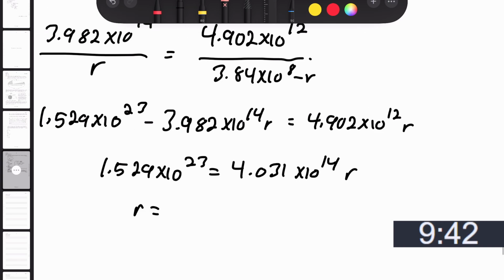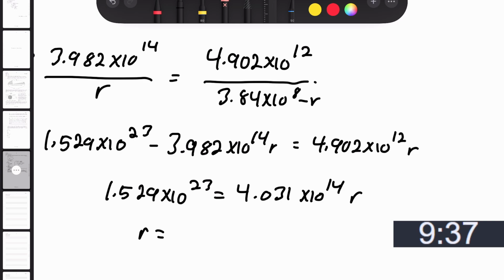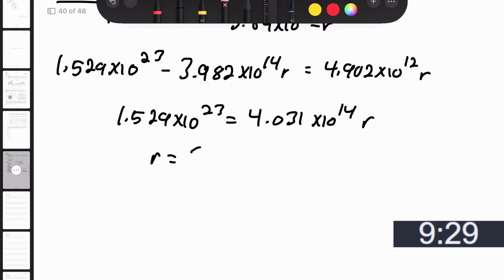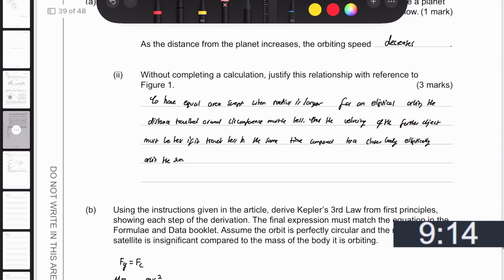The radius is going to be, I feel like I did this wrong, because I'm going to get too big an answer. 3.79 times 10 to the 8 meters. That is outside the radius of the Earth.